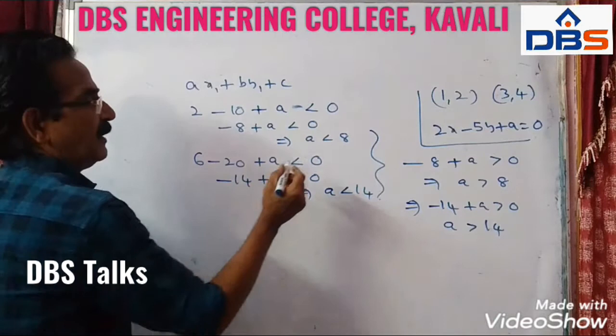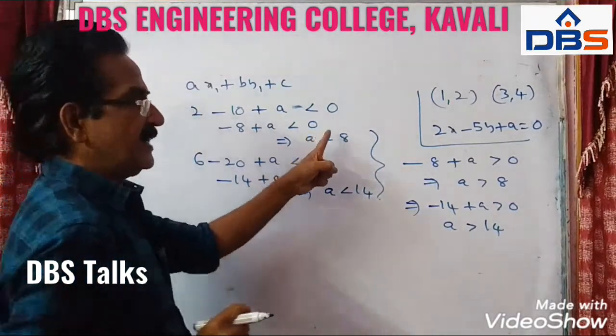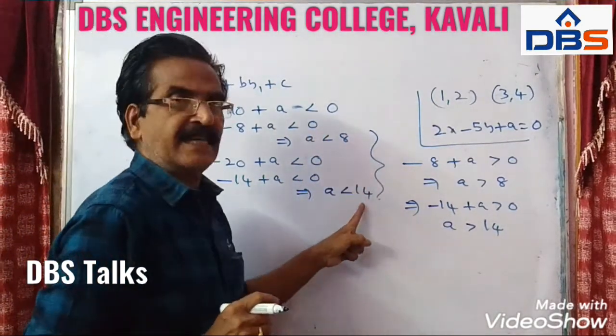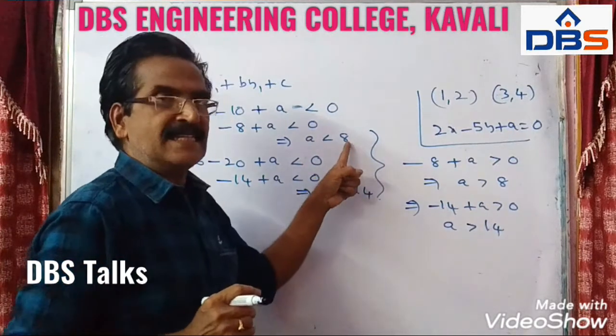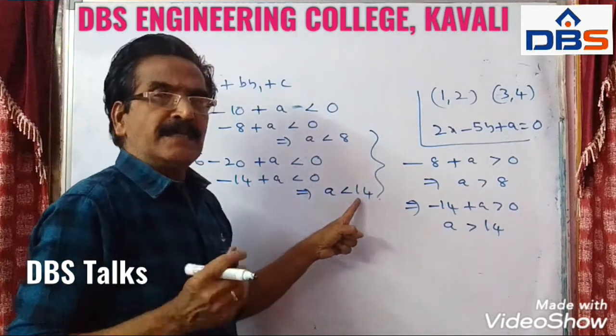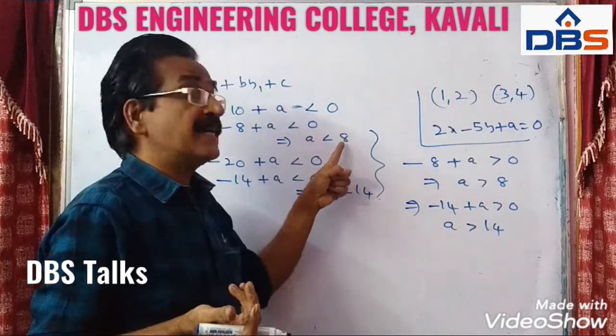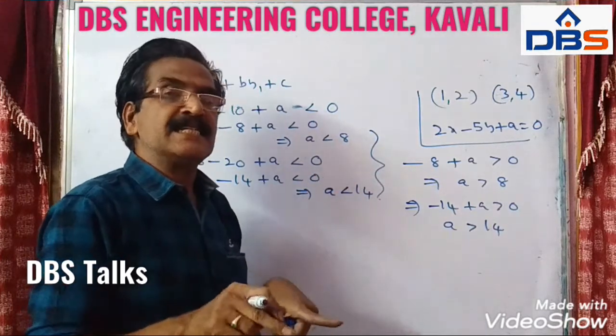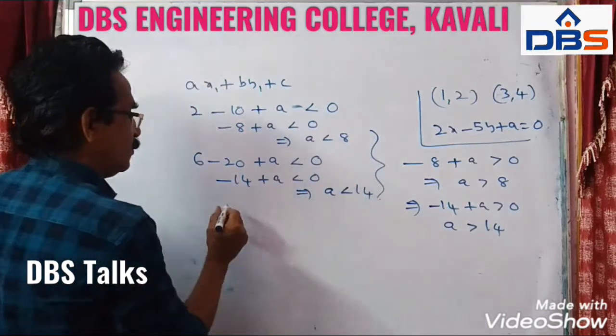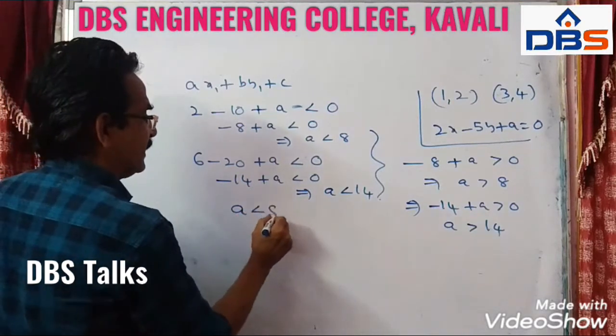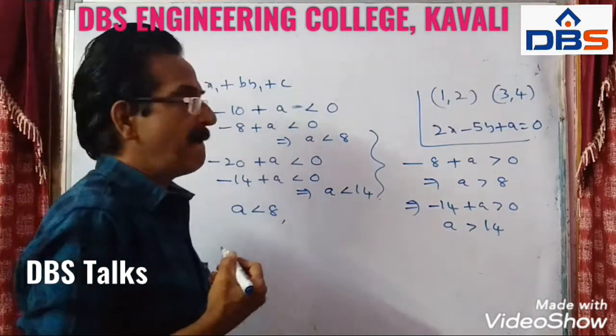See, on combining these values, a less than 8 and a less than 14 means a less than 8, so a less than 8 is one solution.